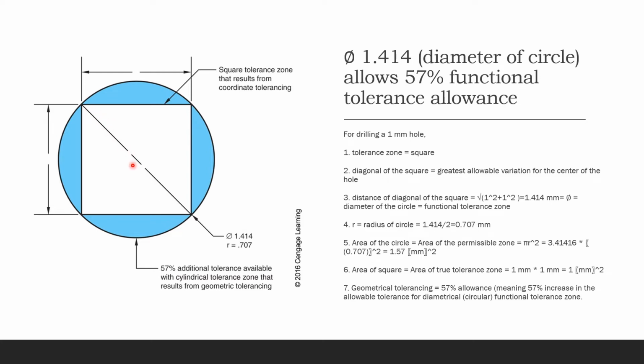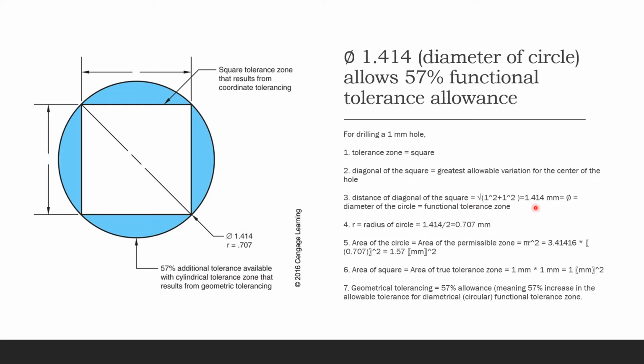If you want to get the distance of this line, all we have to do is use the Pythagorean theorem: square this, and then square root it. So 1 here, 1 there, we square them, add them, and take the square root.